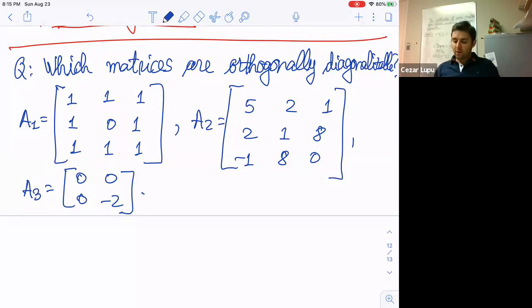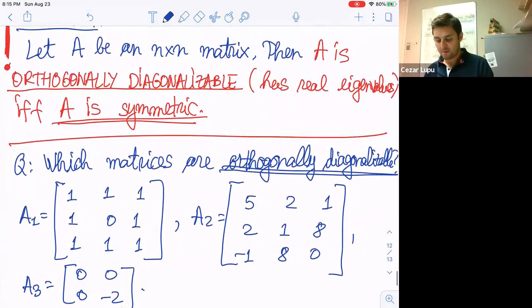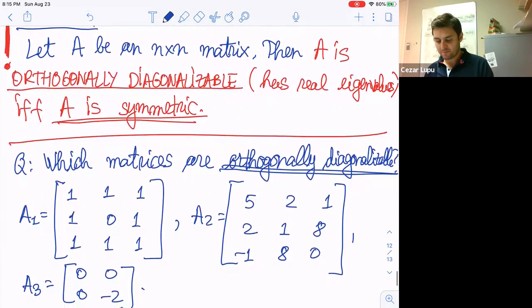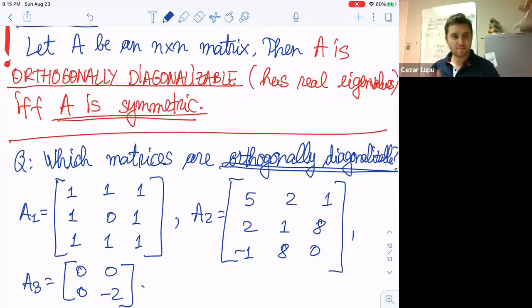So which ones are orthogonally diagonalizable? You can answer this question immediately, based on the theorem above, which says that a matrix A is orthogonally diagonalizable if and only if A is symmetric.